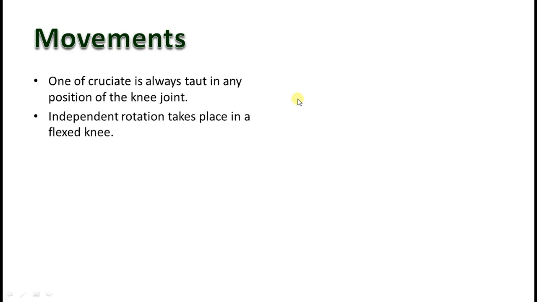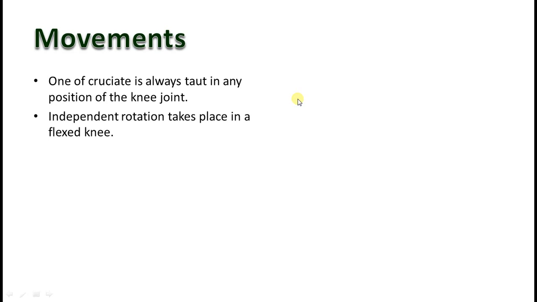Vice versa, what happens is, there is actually lateral rotation of tibia during extension, and medial rotation of tibia during flexion. So this happens in a semi-flexed knee.